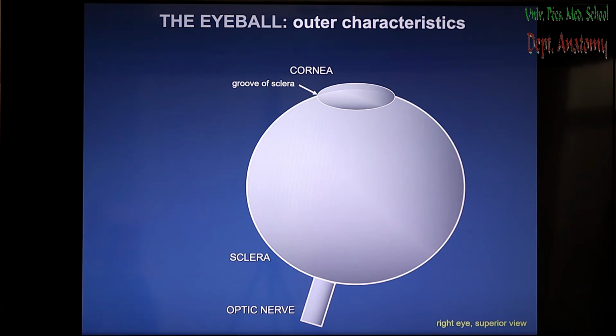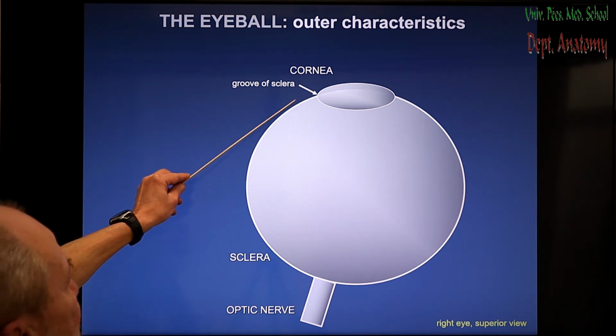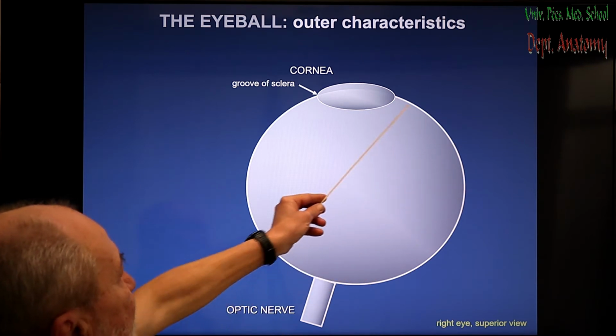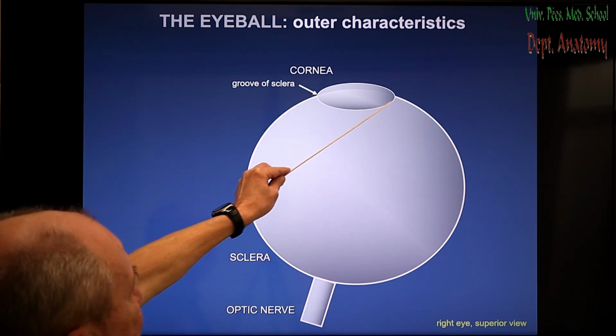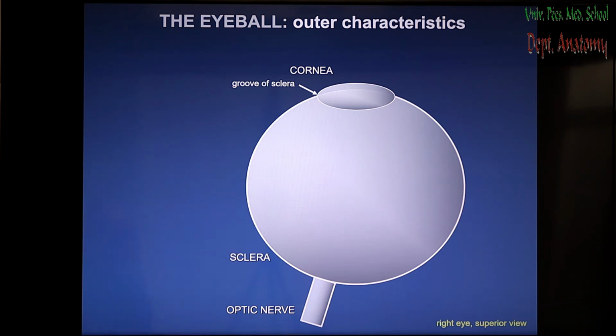That one is called the cornea, separated from the rest of the outer coat of the eye. This is called the sclera, and the groove of the sclera is the one in which the cornea fits.